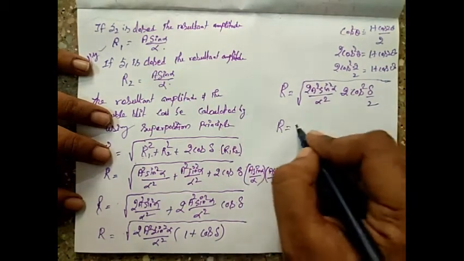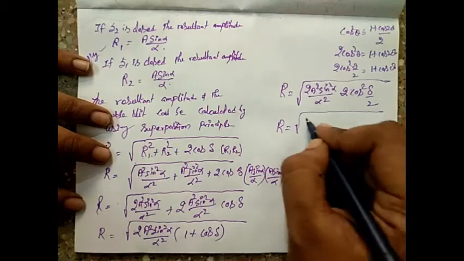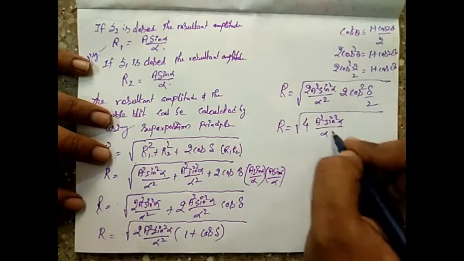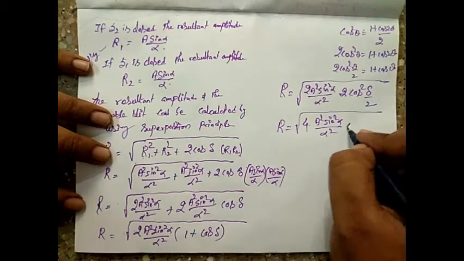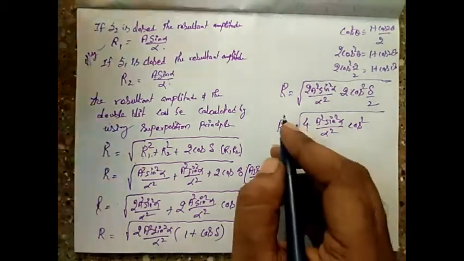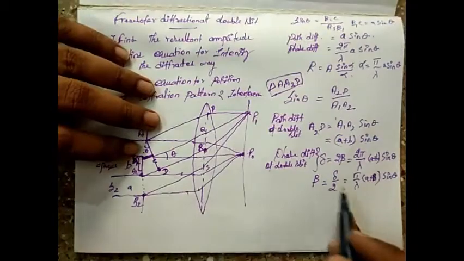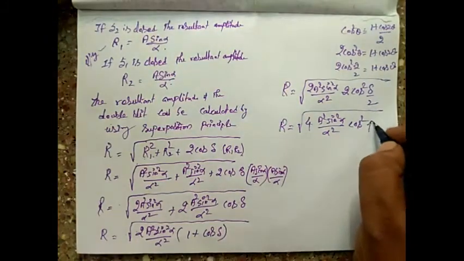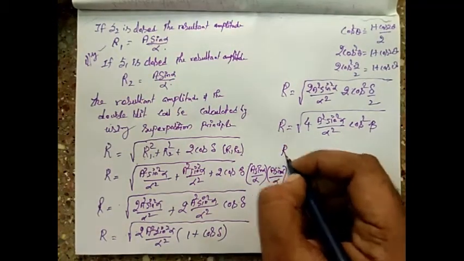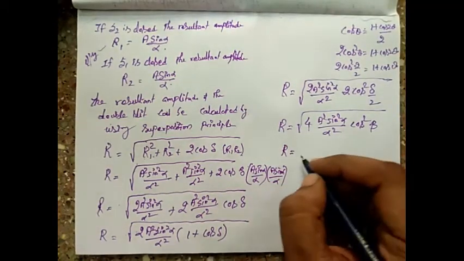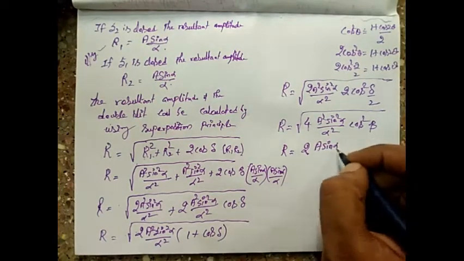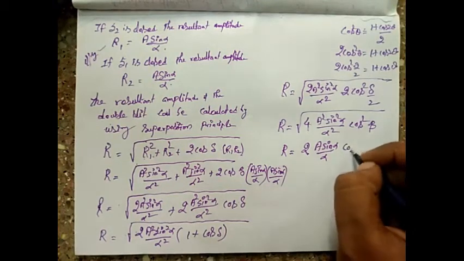So R is equal to root of 4A square sin square alpha by alpha square cos square delta by 2. Delta by 2 is nothing but beta. So the resultant amplitude of the double slit is equal to 2A sin alpha by alpha cos beta.